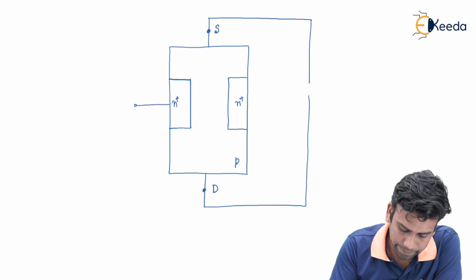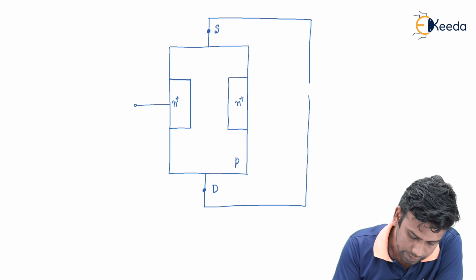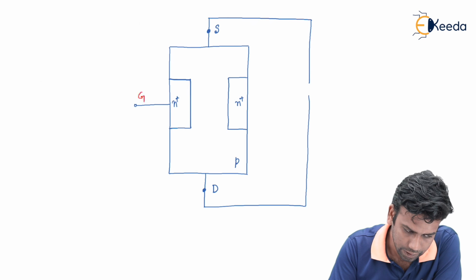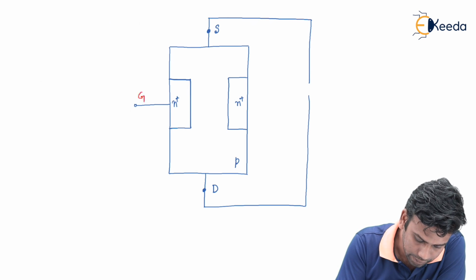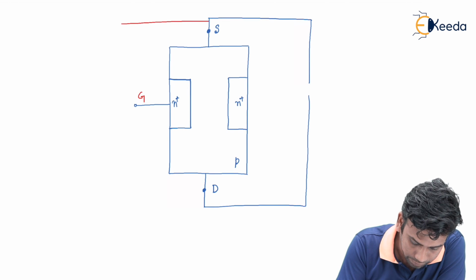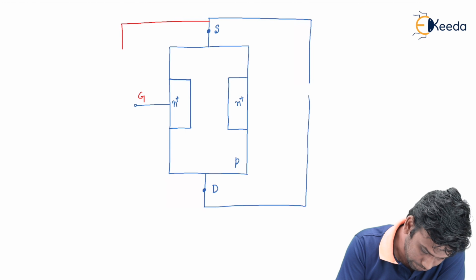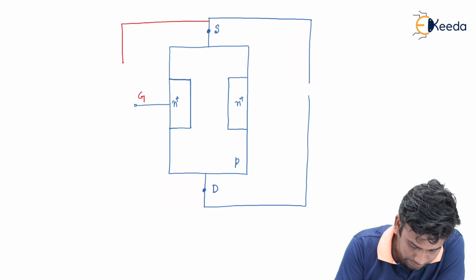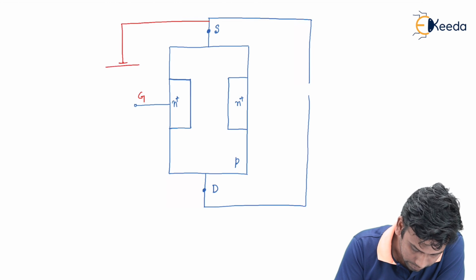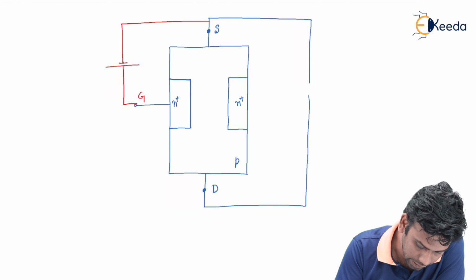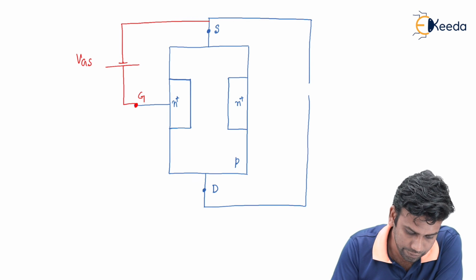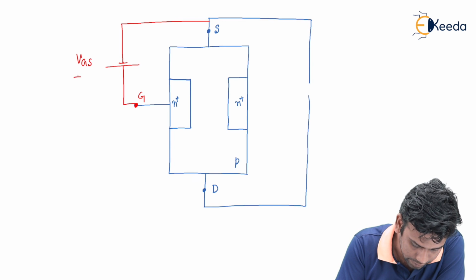So this is the block diagram of a P channel JFET, and this is the gate terminal, and at the gate terminal we will apply a higher potential, and at the source terminal we will apply a low potential, that is, this is the applied VGS. So this is the VGS and this VGS is positive.